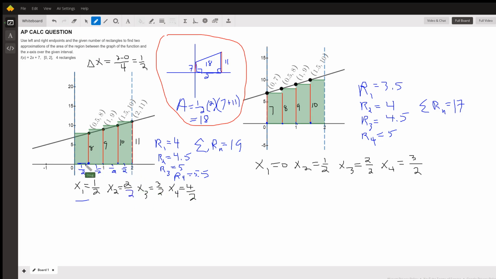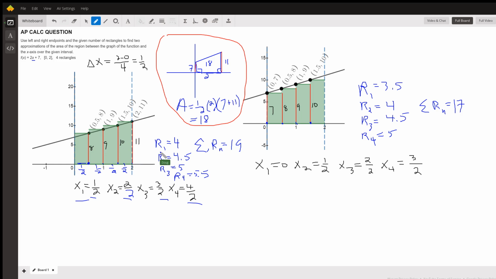And so if we plug those numbers into the function, we will have the height of each rectangle, and that's what's indicated here. I have 0.5 plugged into the original function, gives me a value of 8, 1 plugged into the function, 9, and so on. So there's the heights of the 4 rectangles.